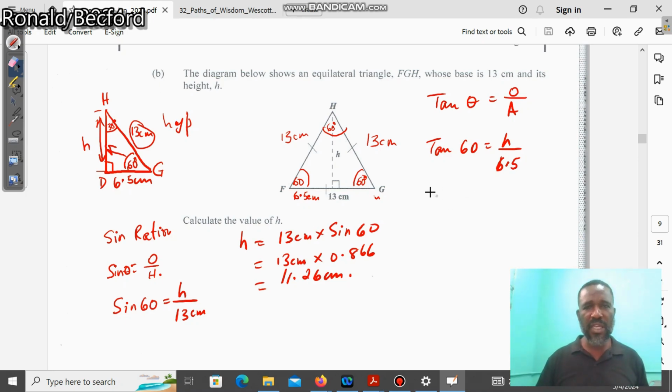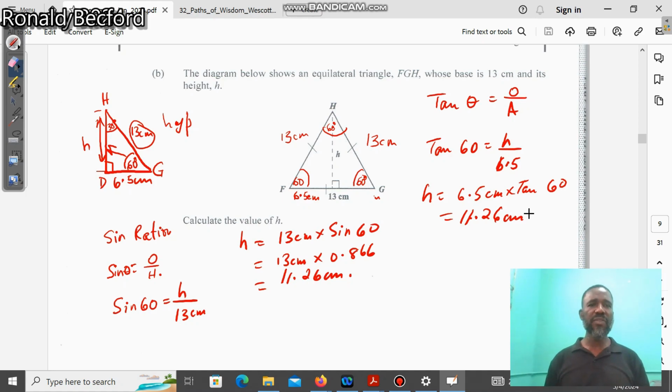So h is going to be equal to 6.5 centimeters times tan 60. And when we do that, 6.5 times tan 60 is equal to 11.26 centimeters. So either way, we could have applied the trig ratios, or we could have applied the Pythagorean theorem in order to find the value of h.